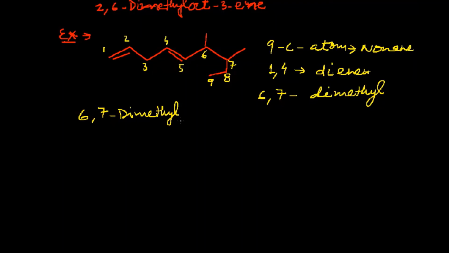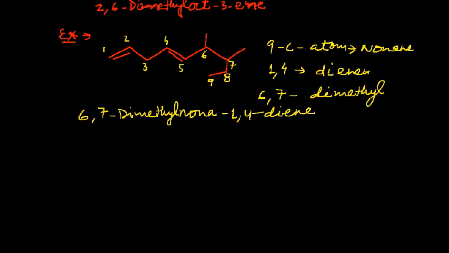We can easily write it in this way: 6,7-dimethyl, then it has nona-1,4-diene. Or this is also said like 1,4-nonadiene. So the name of this compound will be like this one.